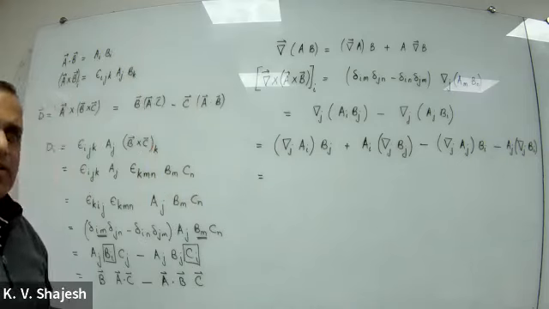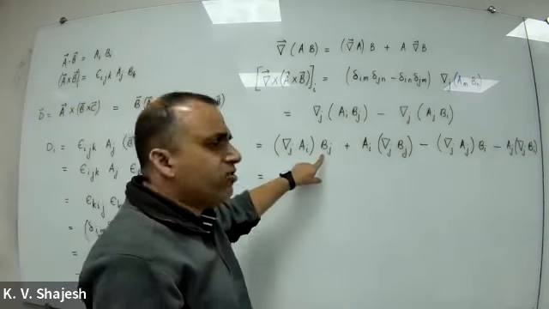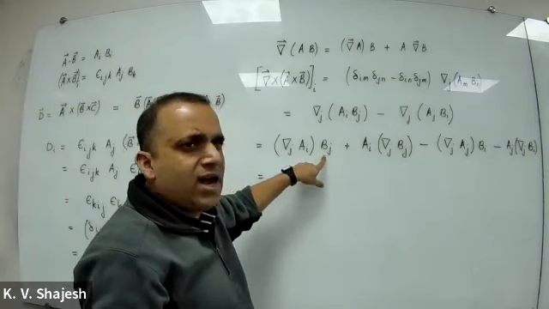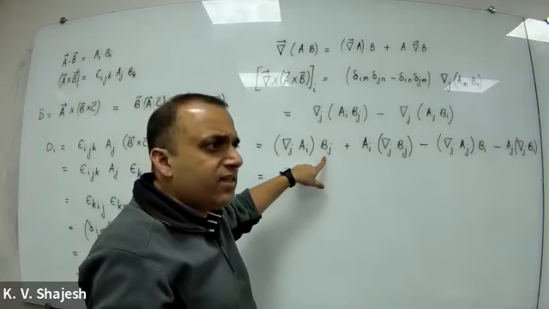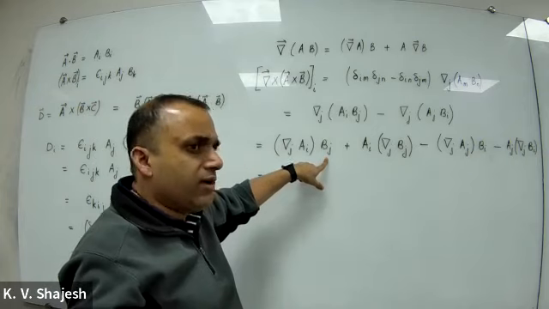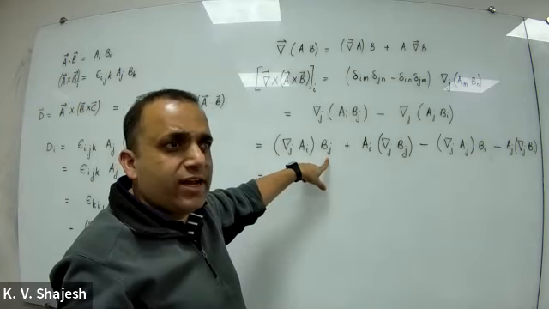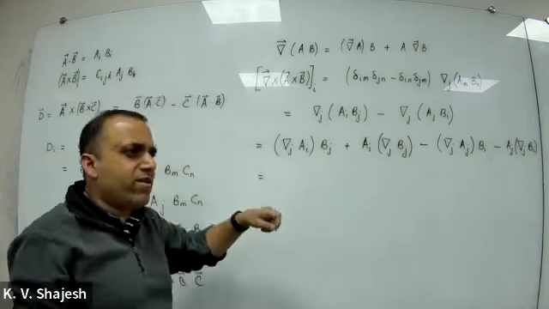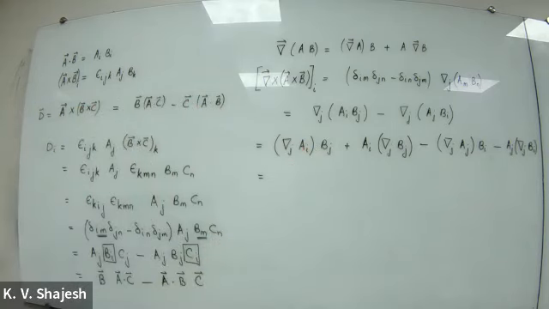In electromagnetism, the components of a vector are usually numbers, right? The component of an electric field is a number. When is it not a number? Can you think of a situation where the components of a vector are not really numbers? Vector space?